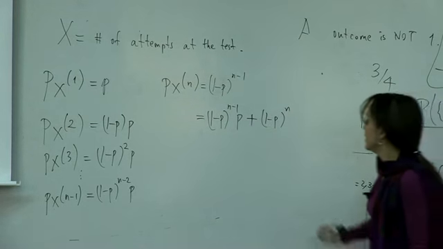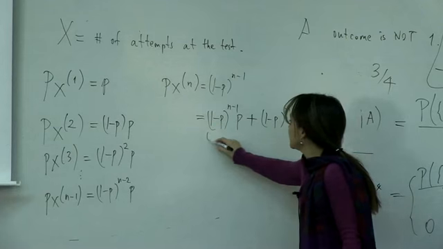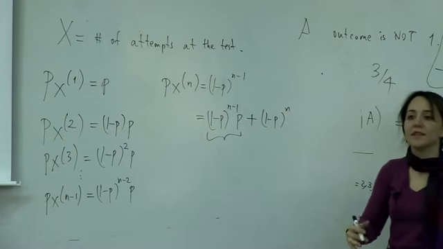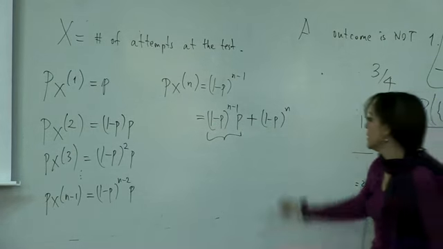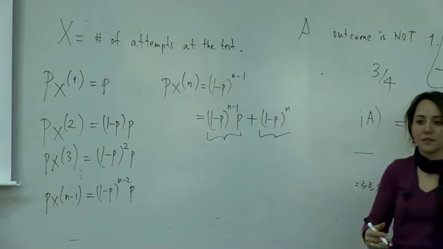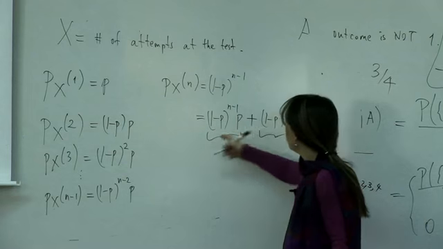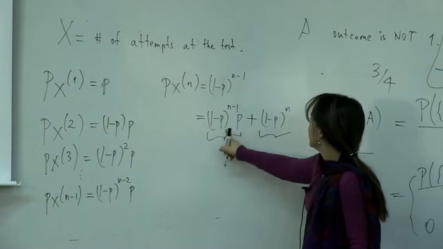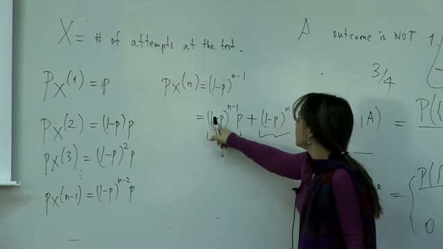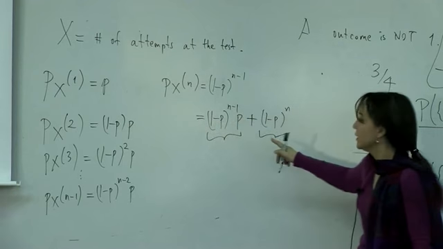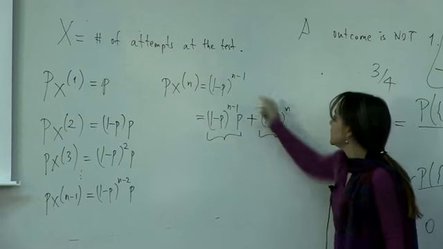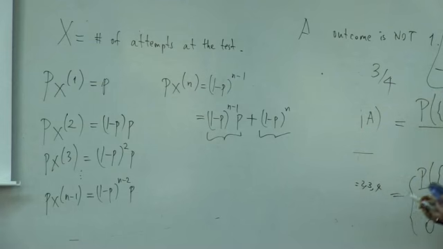So this is the probability that he passes on his last chance. This is the probability that he fails entirely. And if you sum these two, taking the whole thing into 1 minus p to the n minus 1 parenthesis, you see that it's equal to this.